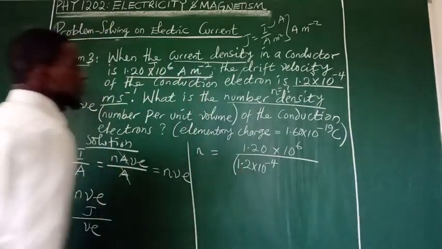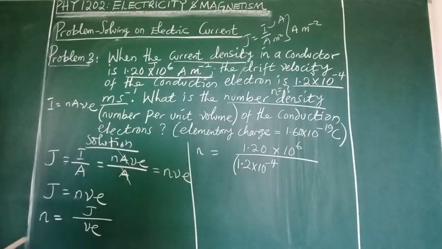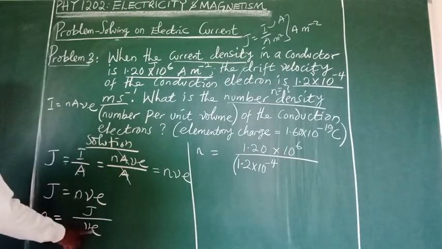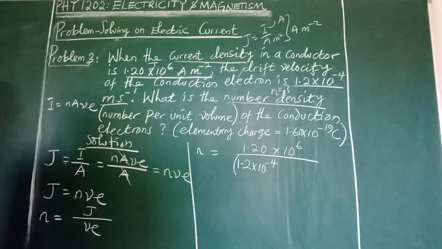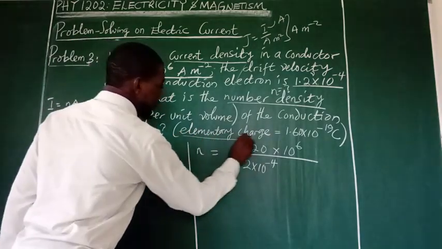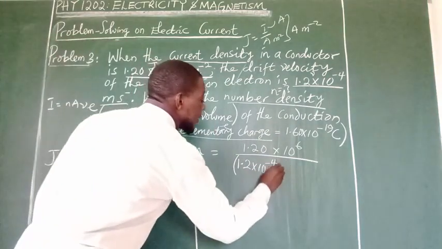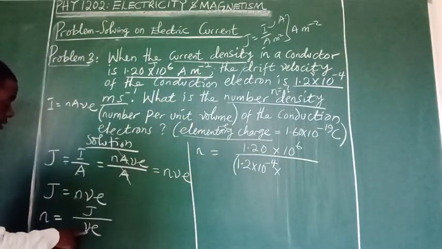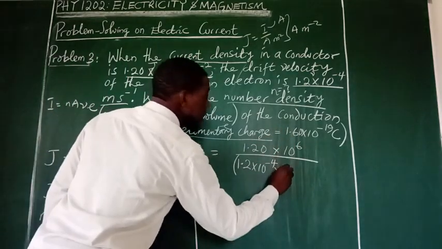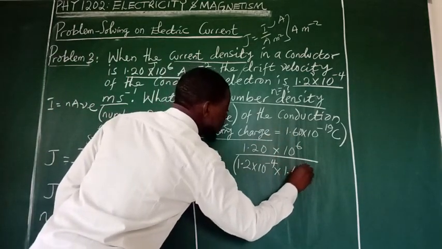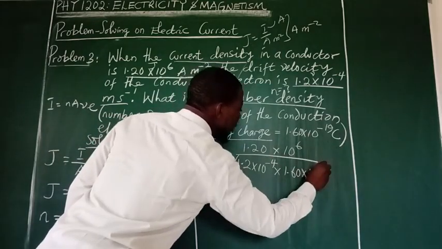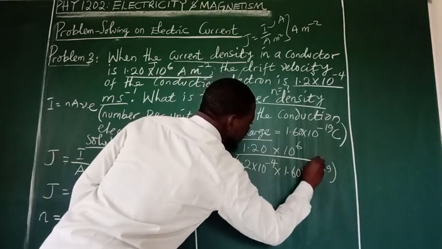Well, let's open brackets here since we have more than one parameter in the denominator. e is the elementary charge and is this one. Okay, this is our e, the elementary charge. And we have to multiply it because they say v times e. So times 1.60 times 10 raised to the power of negative 19.